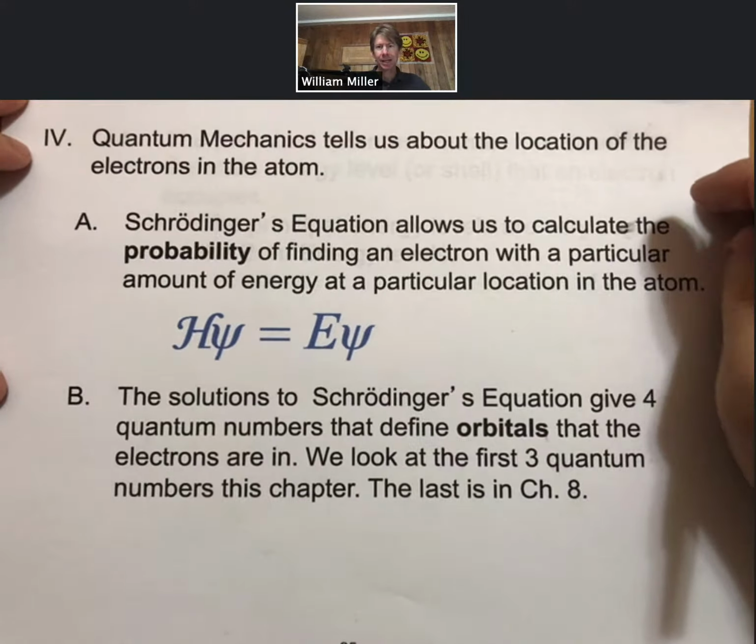And the size of n, which are the principal energy levels, increases as n squared.